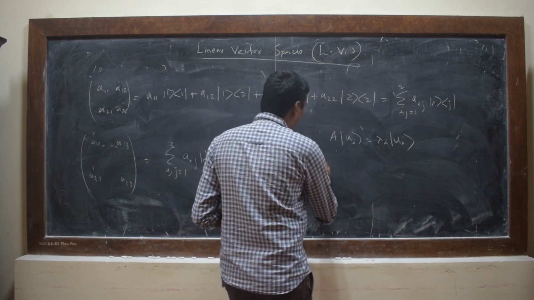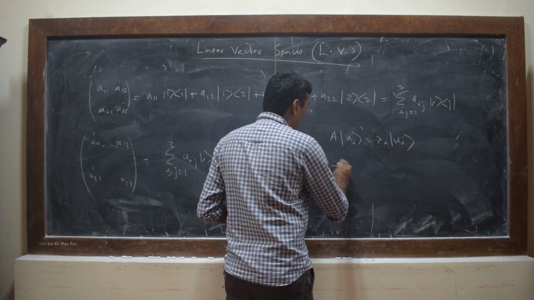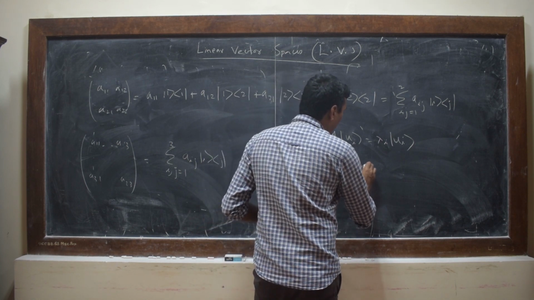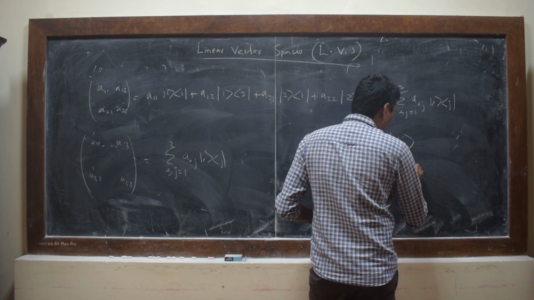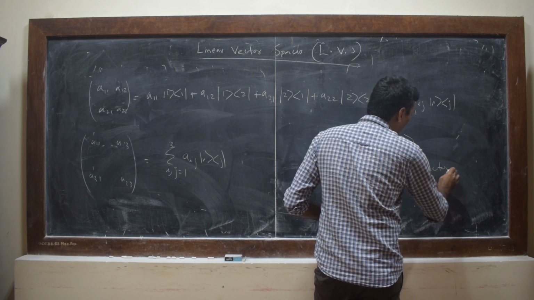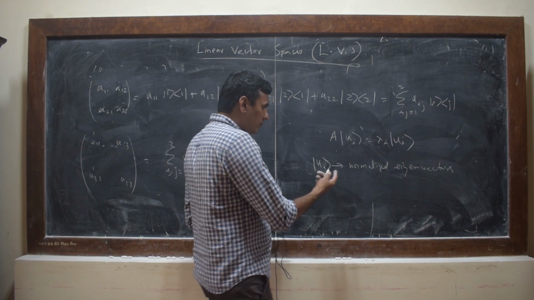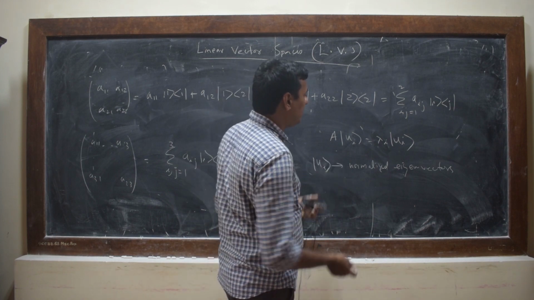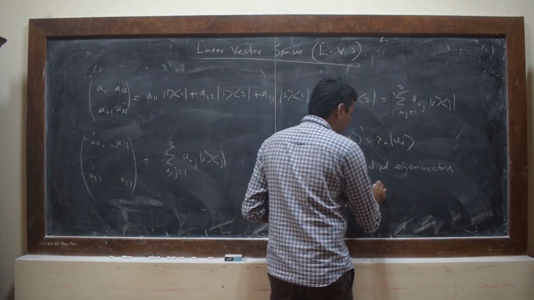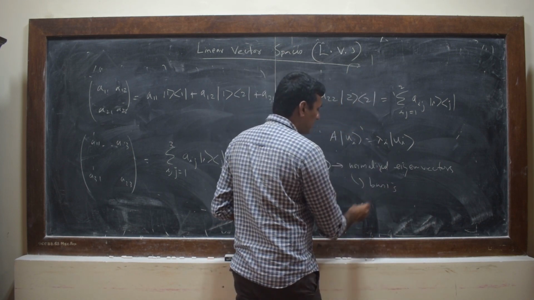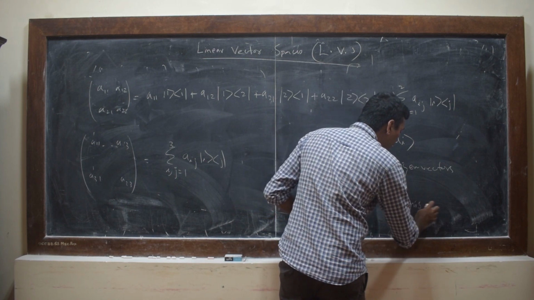These ui are the normalized eigenvectors, and these eigenvectors act like a basis. It's also a basis, right? This is also a basis, and this basis is known as the eigenbasis of that matrix.